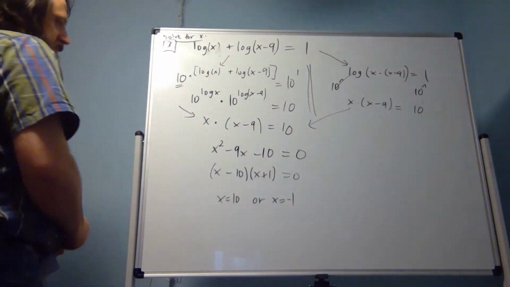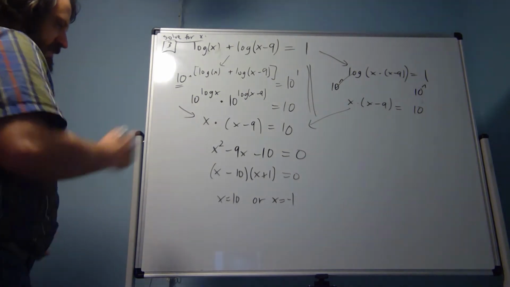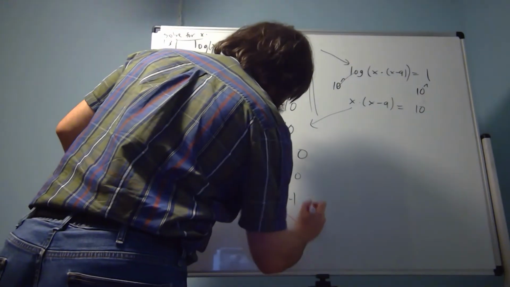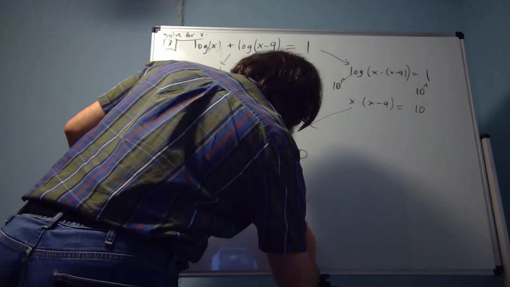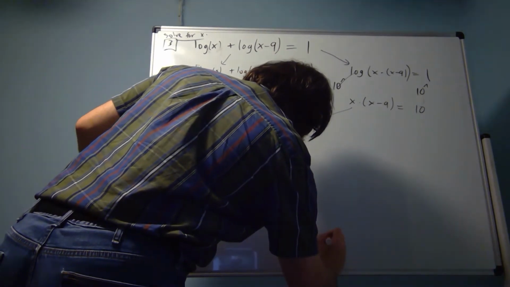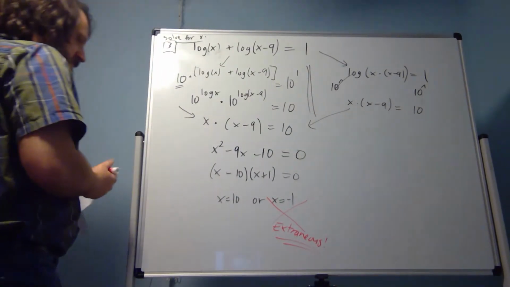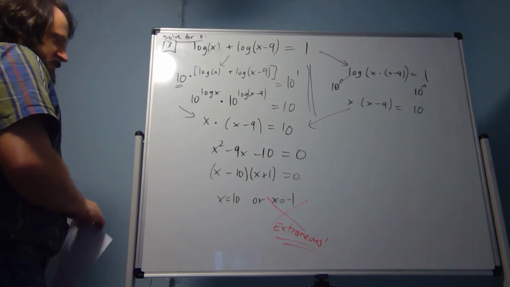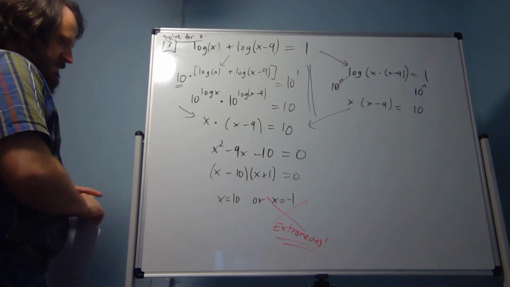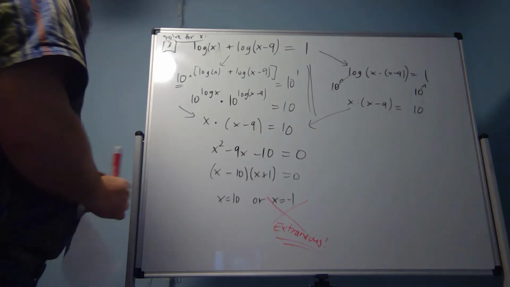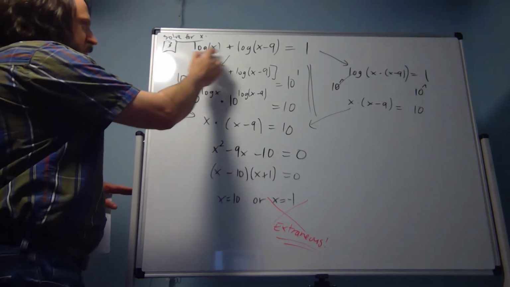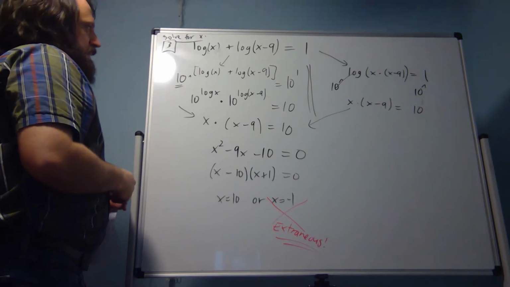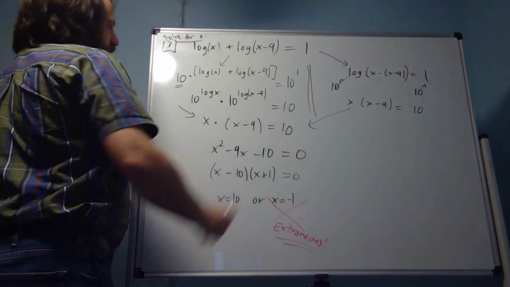And the problem is, well, for this kind of problem in particular, you can wait until the very end to check your answers, and that's equivalent to checking the domain of all the functions in the original expression.